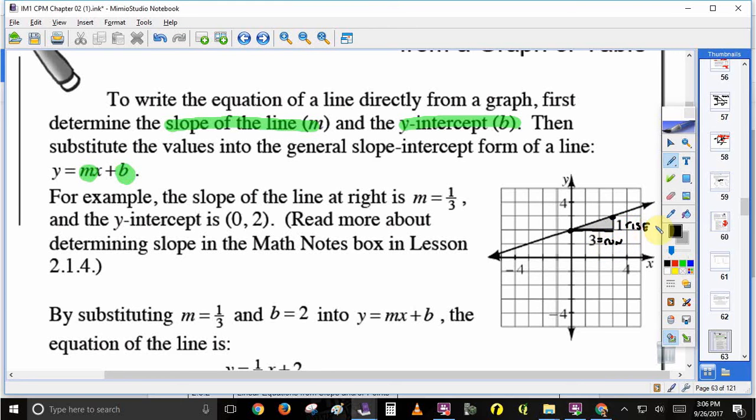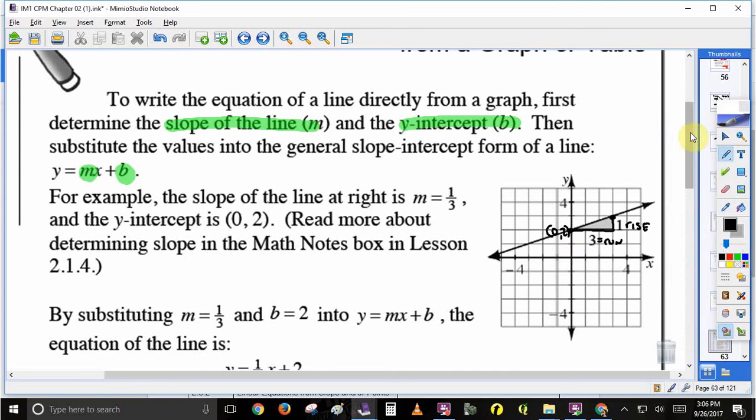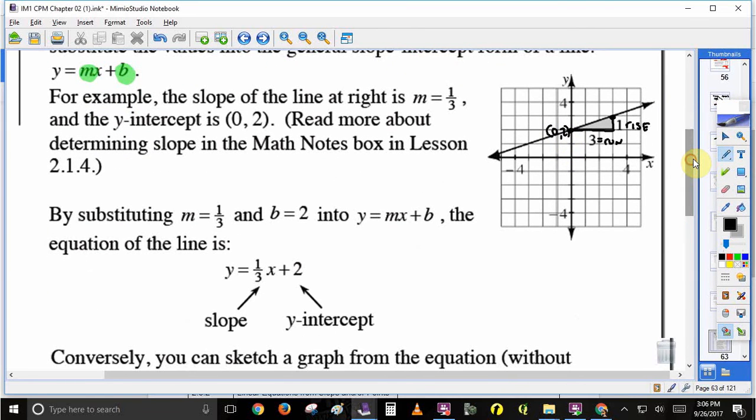And I remember that slope is rise over run, which is 1 over 3. The y-intercept is at (0, 2), right here. Then I can just substitute 1/3 for m and 2 for the y-intercept, and lo and behold, I get y equals 1/3 x plus 2.